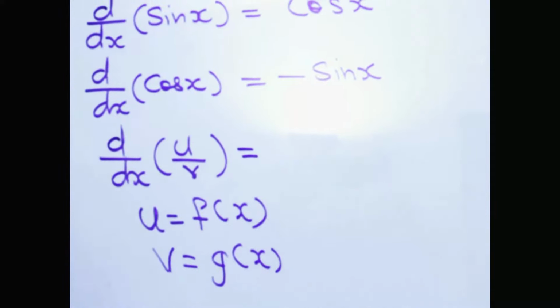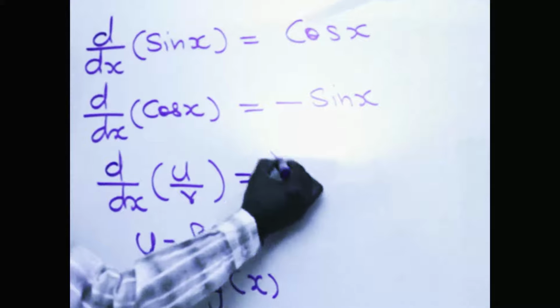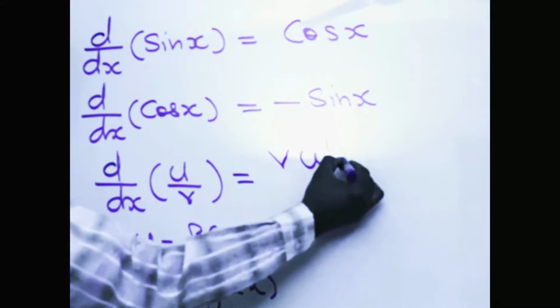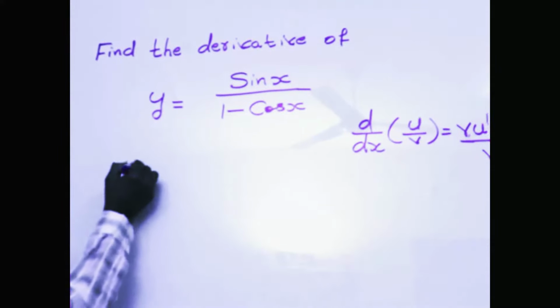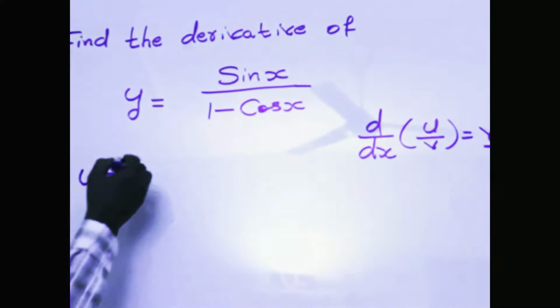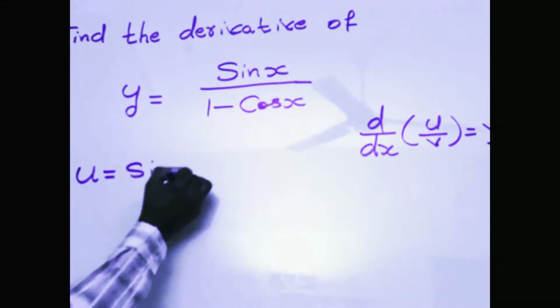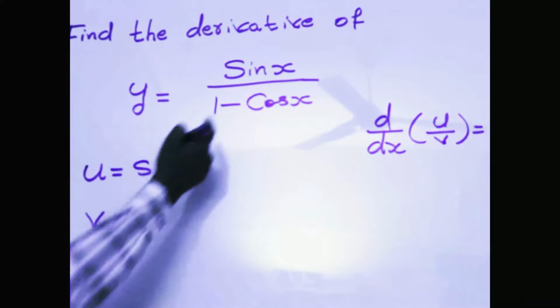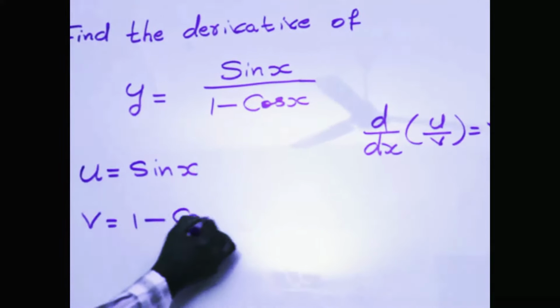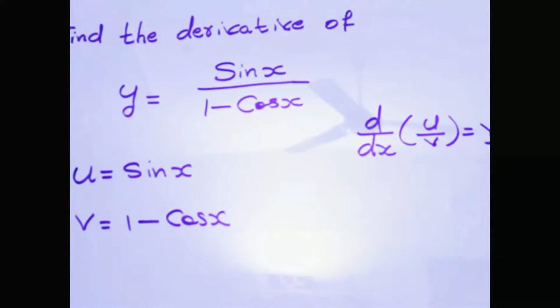If you have it like this, you have to use the quotient rule: v u dash minus u v dash, divided by v square. Here u equals the numerator, sine x, and v equals the denominator, 1 minus cos x.